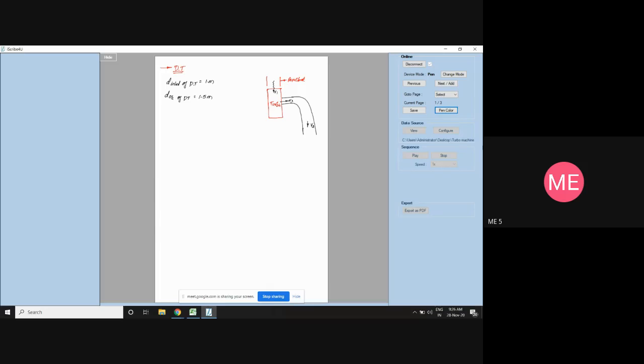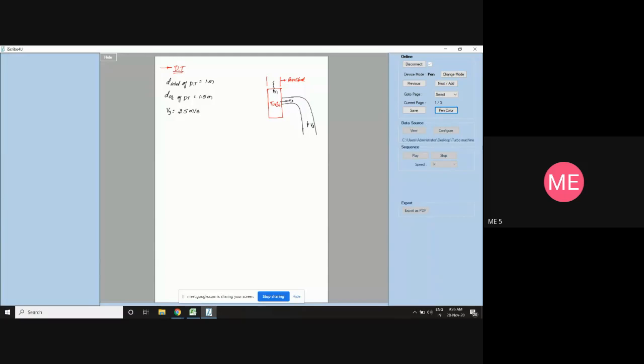I have not taken capital D1 and D2, just written like this, because we should not get confused between the D1 of the rotor and the D2 of the rotor. This is different and that is different. And the water is discharged at the outlet with a velocity of 2.5 meters per second. That means at the exit of the draft tube, V3 is equal to 2.5 meters per second.